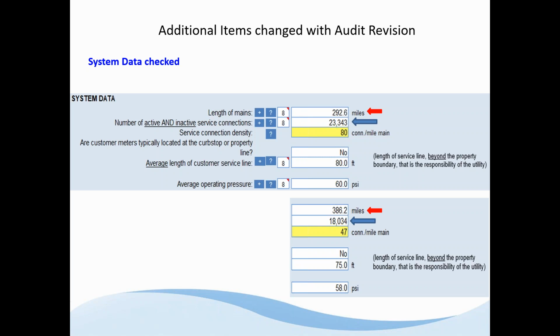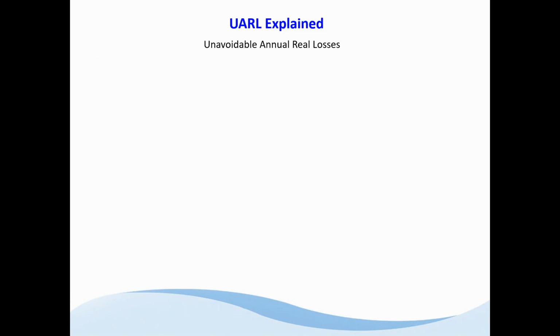They had to go back and research everything through the data, and also check the averages of the PSI, and pressure is an important part of leakage, and found a more accurate PSI for the study. All these adjustments will have a big effect on the URL.